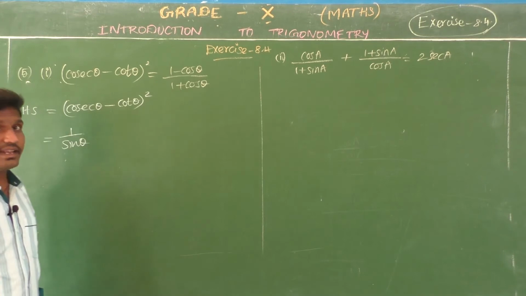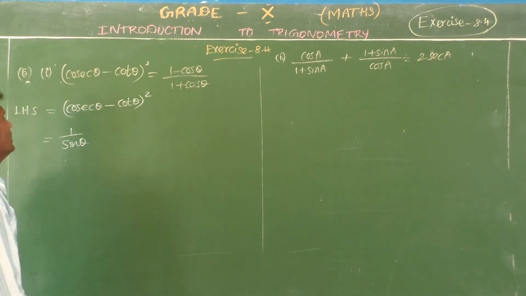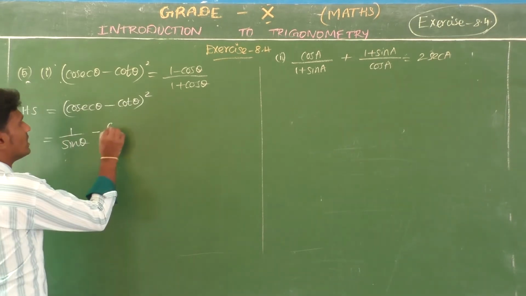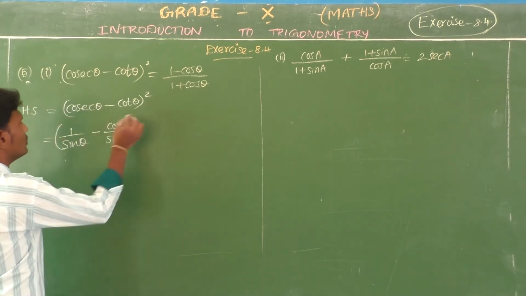Cosecant theta and sin theta are reciprocal to each other, I told you. Now cot theta is very simple: the ratio cos theta by sin theta, the whole square.